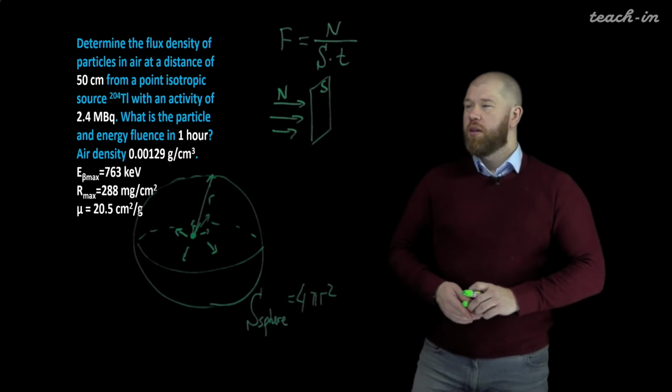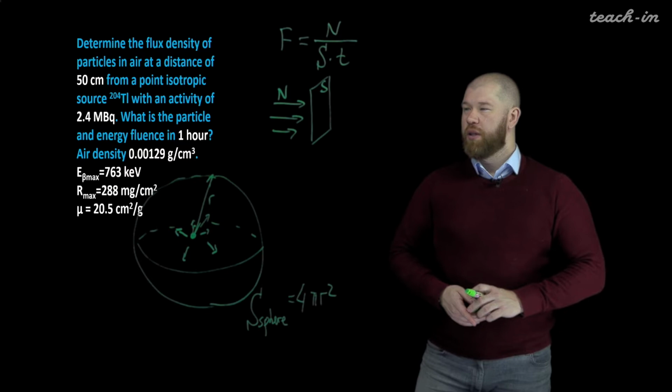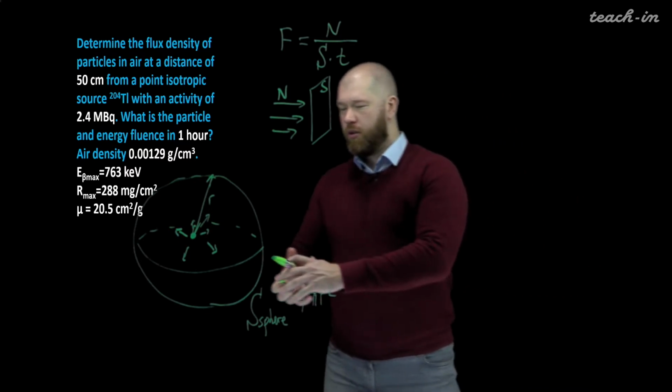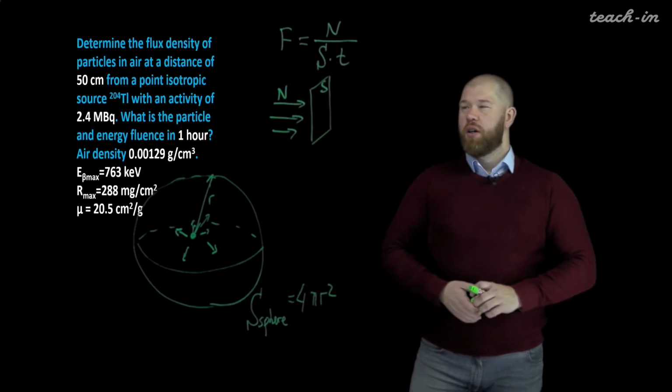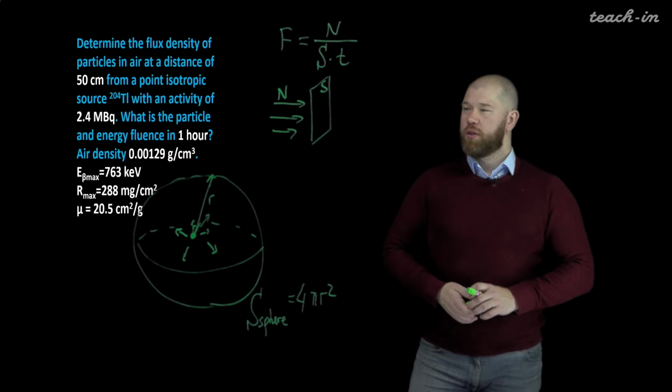Okay. Now we need to calculate the number of particles that are going through this surface area. How to calculate it? Of course, we know the activity of our point source.